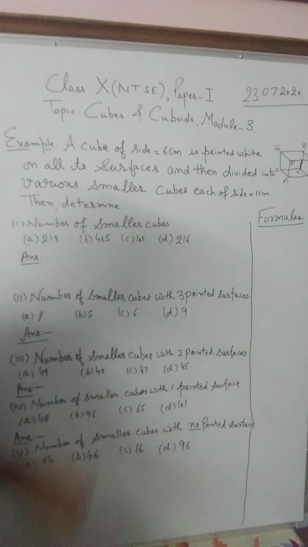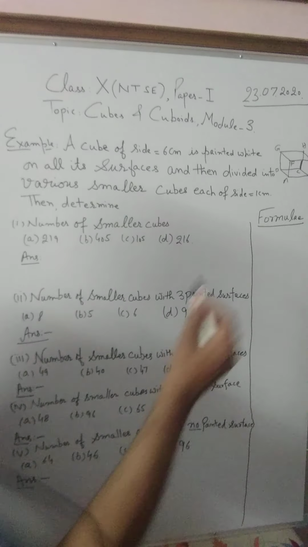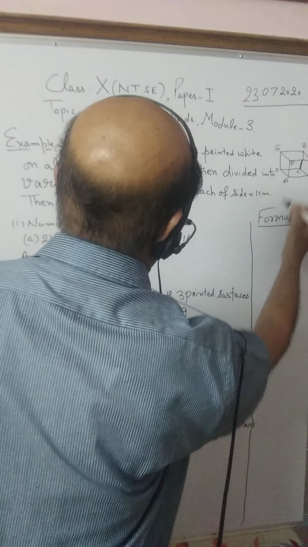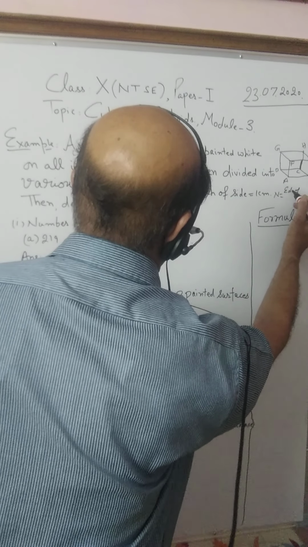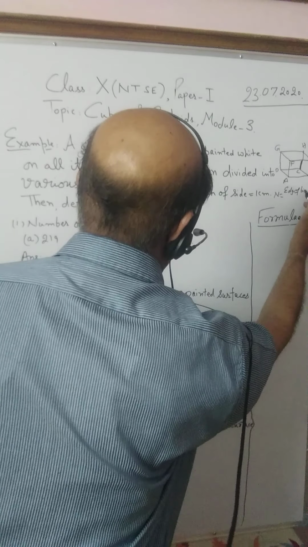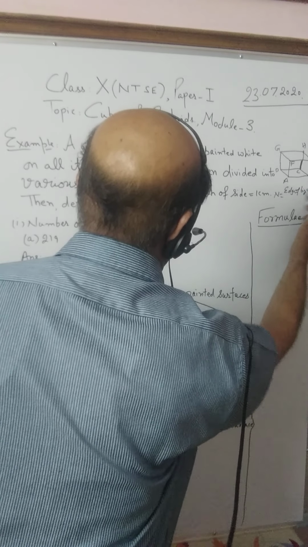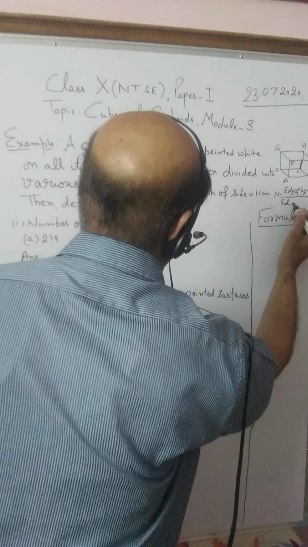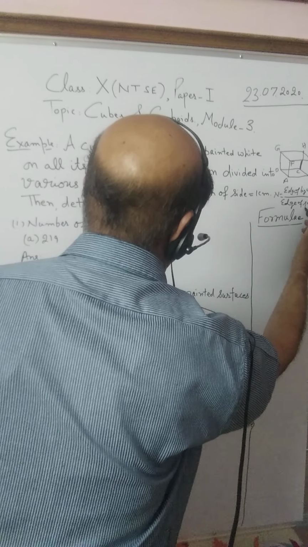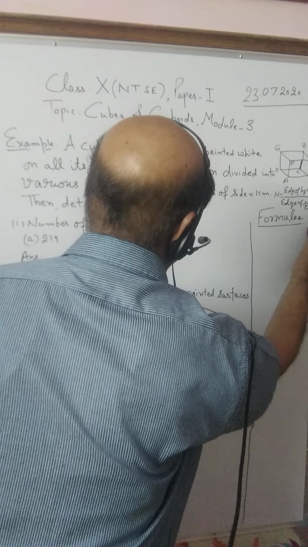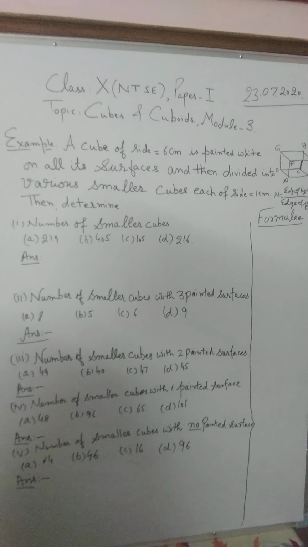The number of divisions on the surface of a bigger cube we denote by capital N, and its formula is very simple as we have done already. Capital N is equal to edge of big cube divided by edge of small cube. We should remember this formula. It is a very basic formula. We should know that the number of divisions on the surface of the bigger cube is this one.